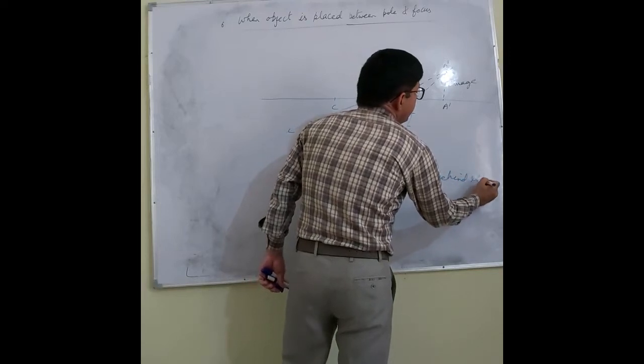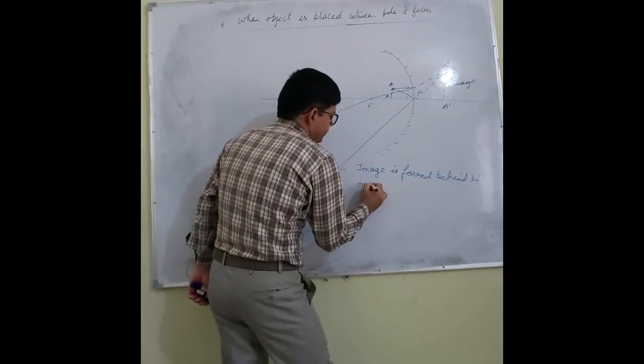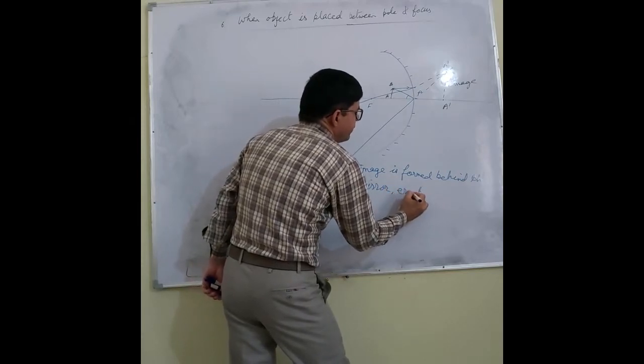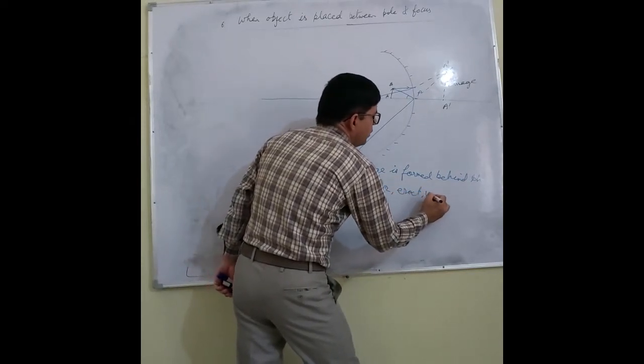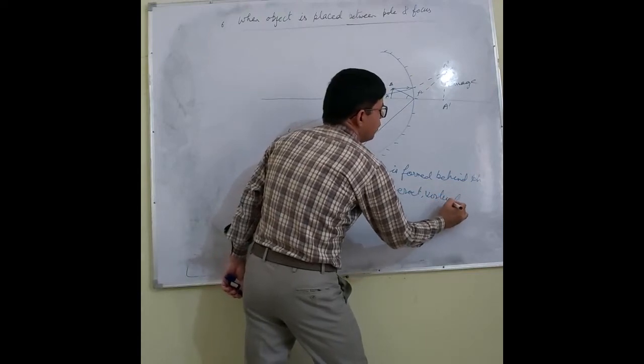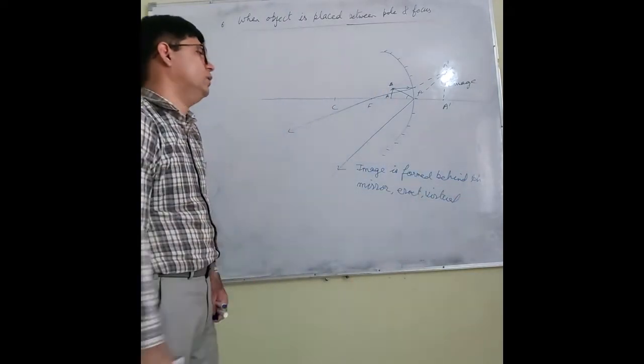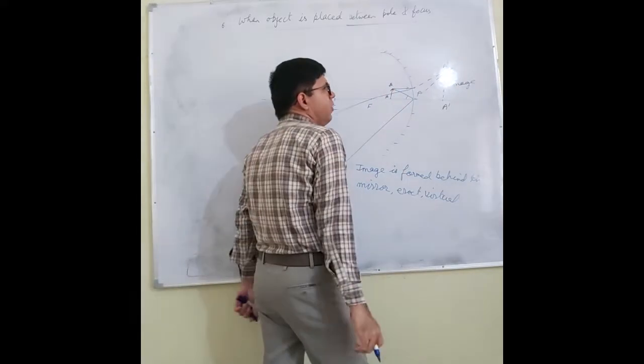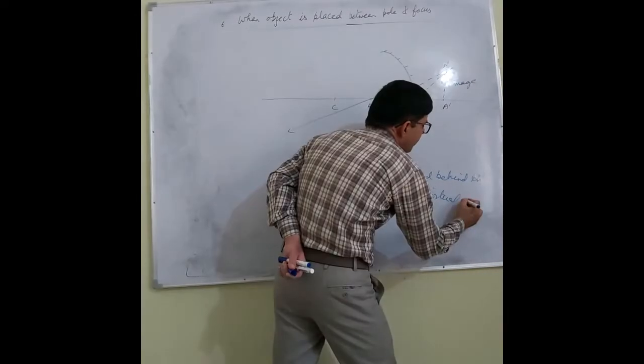Behind the mirror. Is it erect? Yes, erect also, virtual also. Is it smaller than the object or bigger than the object? Bigger means magnified.